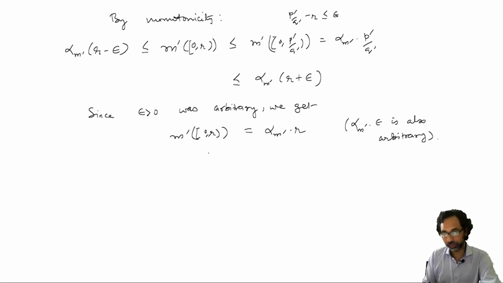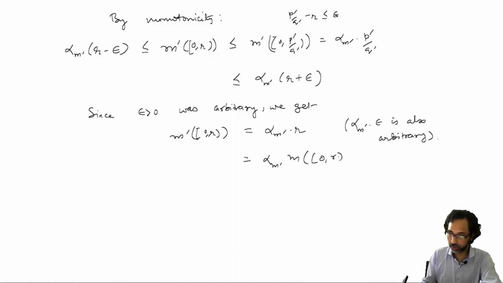So now we have proved it, of course this R can be written as M of 0, R. So now we have proved it for any interval of the form 0, R.